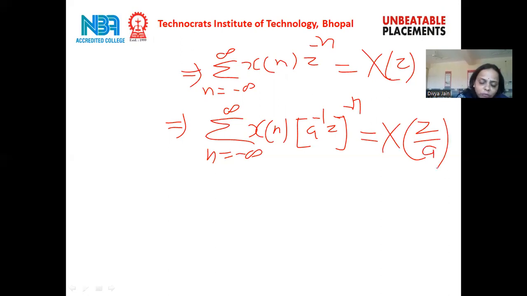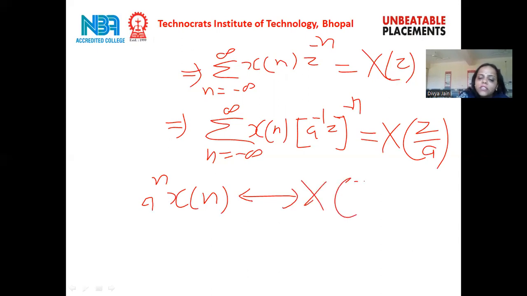So we have proved that the Z transform of a to the power n x[n] is X(z by a). So this is our scaling property. Means if we multiply a to the power n with our input signal, we will get X(z by a) in the frequency domain.